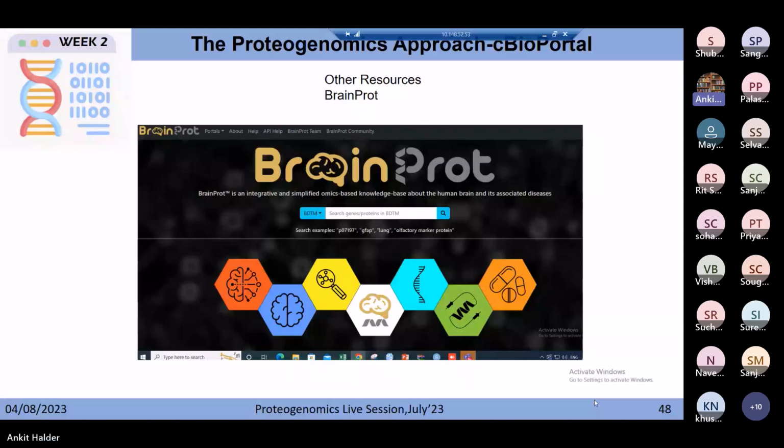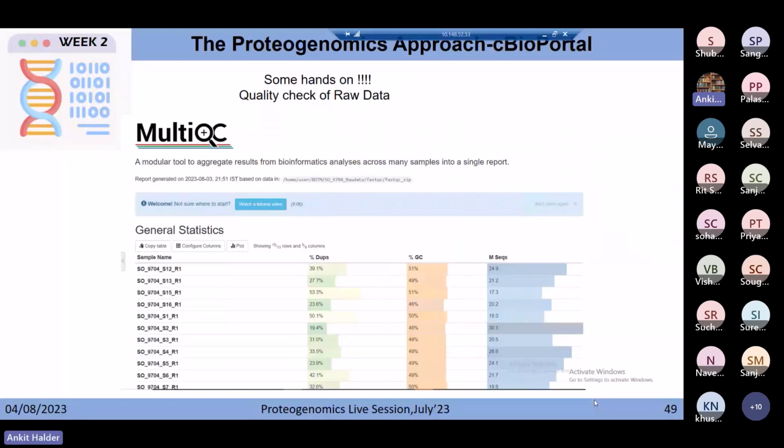Now let us look at some of the quality checks of the raw data. As I said, for any sequencing-based study we need to find out how the raw data sequence quality is. As I mentioned today for ChIP-seq analysis, there are many parameters that need to be followed before going for further analysis, as well as in whole genome sequence data and whole exome sequence data.